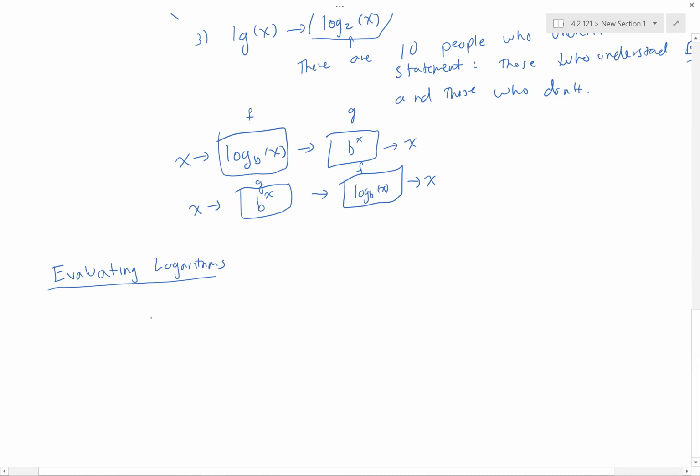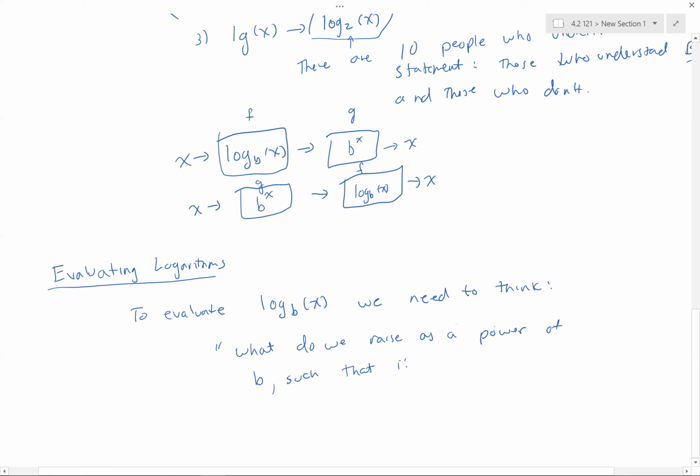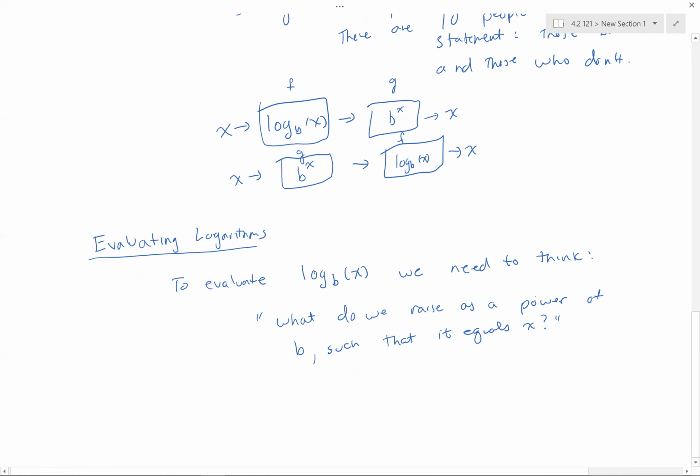So to evaluate log base b of something, we need to think: what do we raise as the power of b such that b to that power equals x? Okay, so that's how we evaluate logarithms.